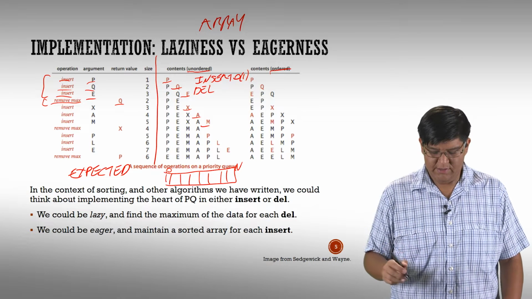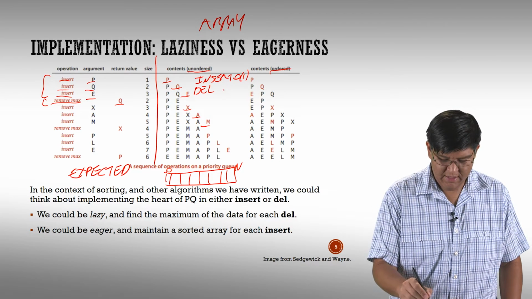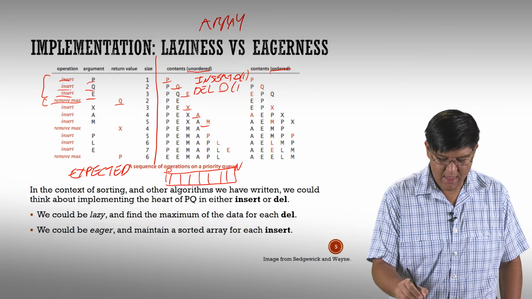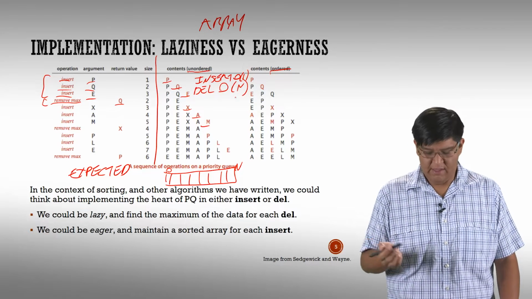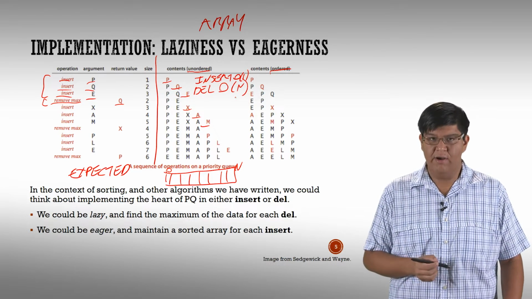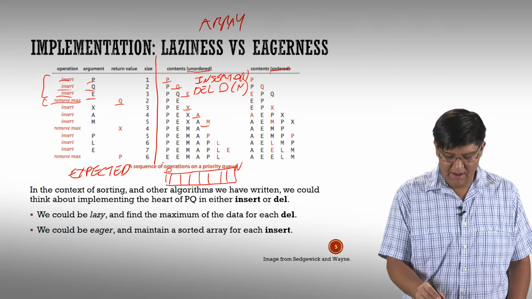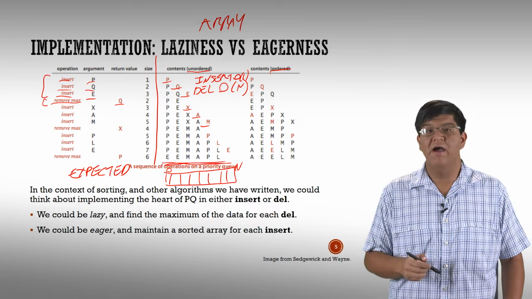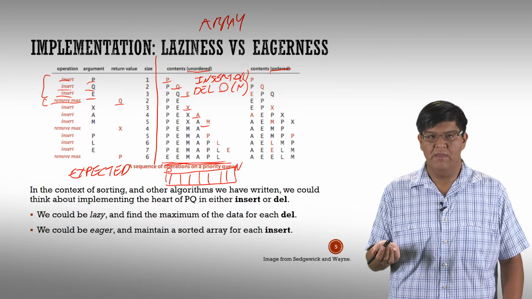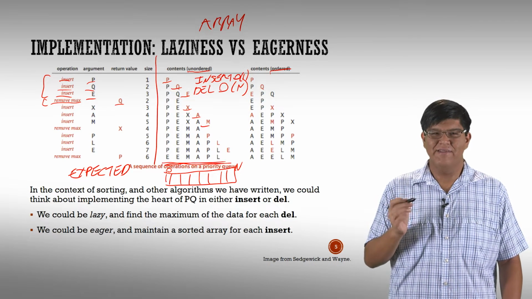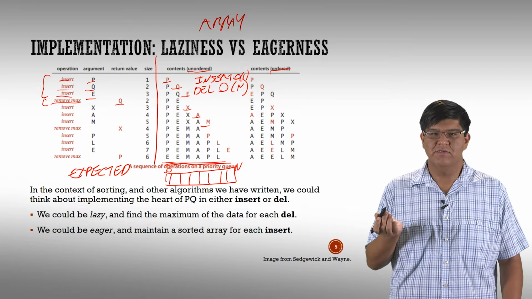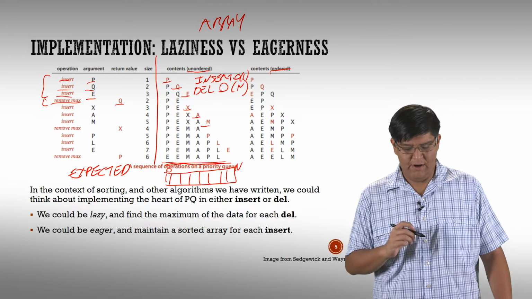Here it's going to be O of N. The reason is that if I'm trying to delete an element, I don't know where in the list it's going to be. So I'm going to have to search for it, going up and down this array to find the largest thing. It's O of n to figure out what is the largest thing in an array. So it's a little bit of work there.